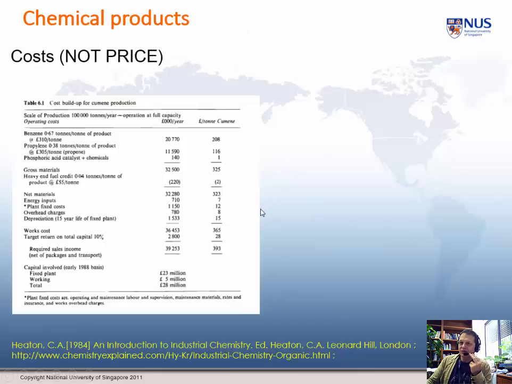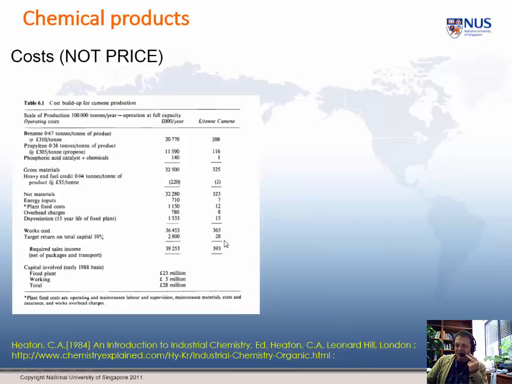Note, not price. This is cost, and this is for cumene, and this method will get you the equivalent price that will exactly cover your cost. Remember, that still means your company's going bust. You need to make a profit. You can't just break even.